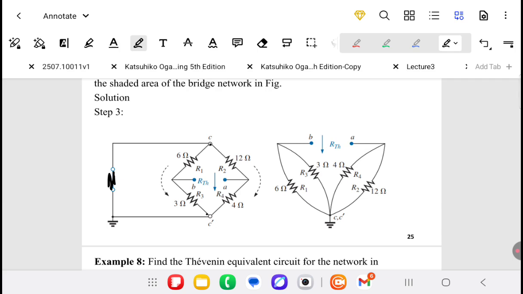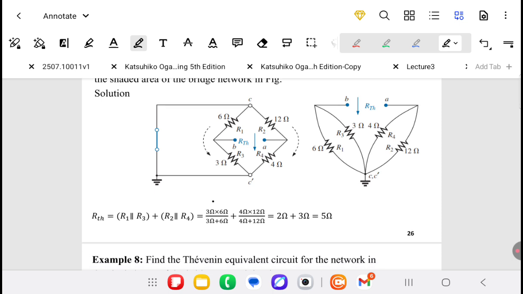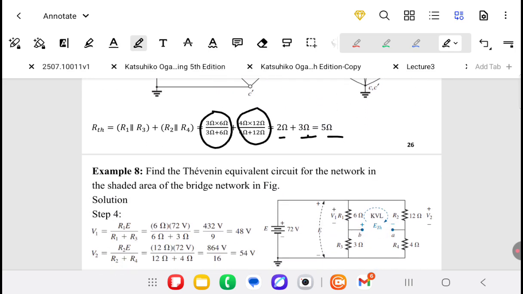Then we get R1 and R3 are connected in parallel, and R4 and R2 are connected also in parallel, and the equivalent of both are in series. We get 3 in parallel with 6, in series with 4 parallel with 12. 2 plus 3 equals 5 ohm, where 2 is the equivalent of 3 and 6 parallel, and 3 ohm is equivalent to 4 and 12 in parallel.